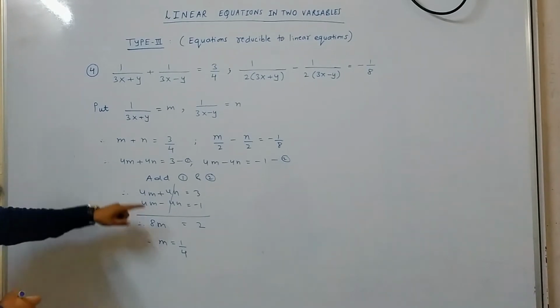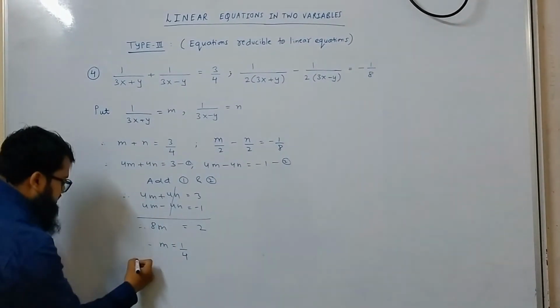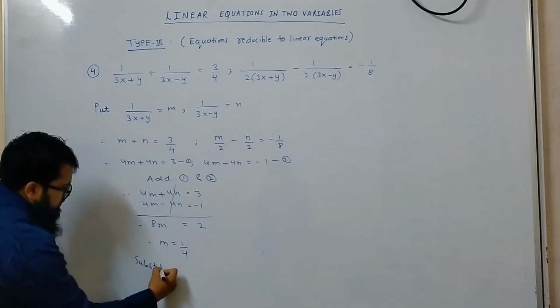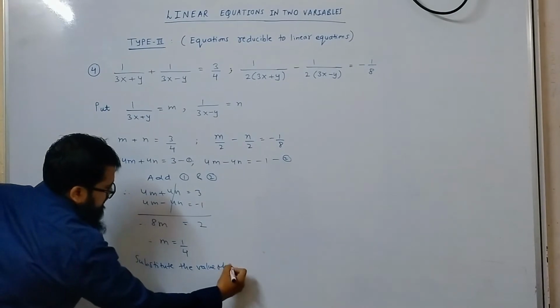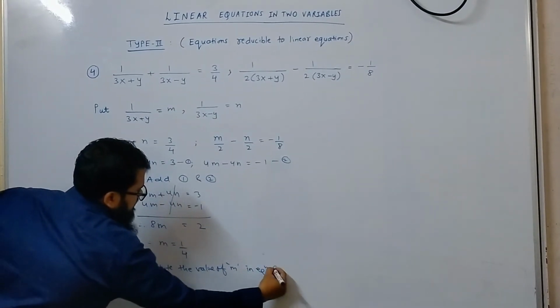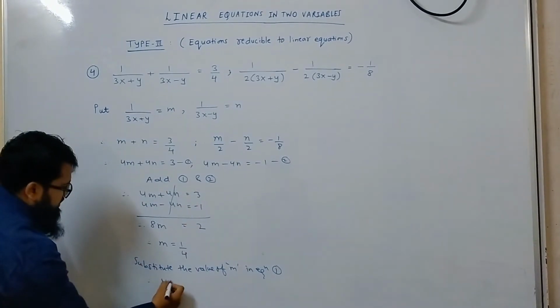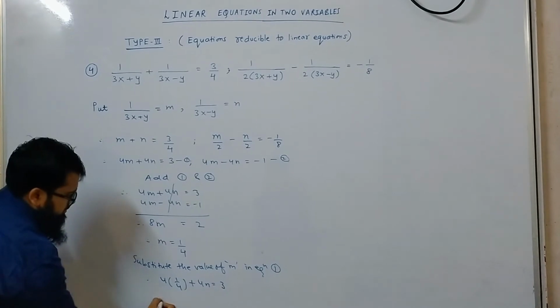Substitute the value of m in equation 1. Therefore, 4 times 1 by 4 plus 4n is equal to 3.